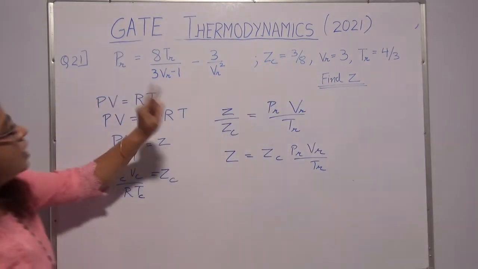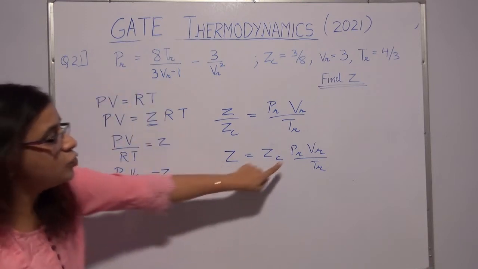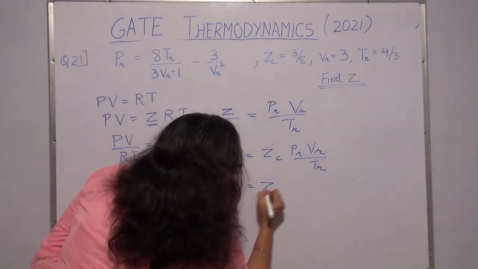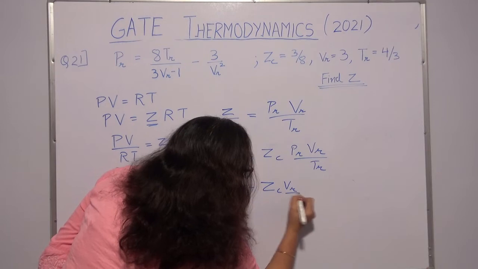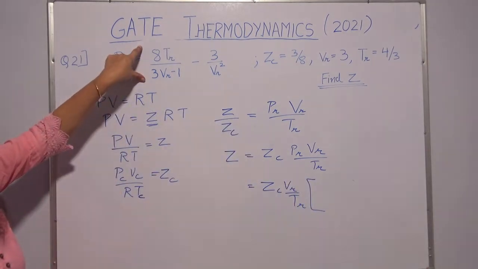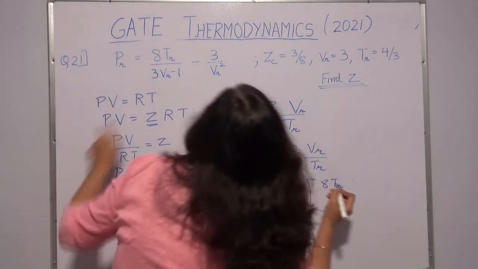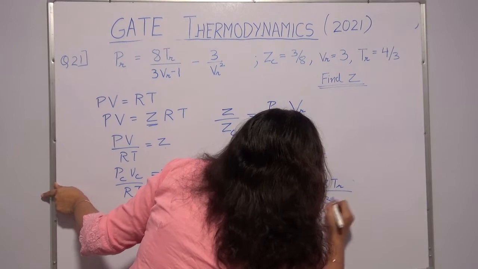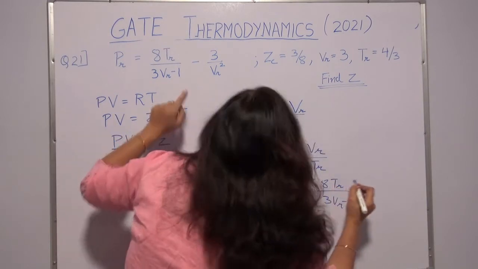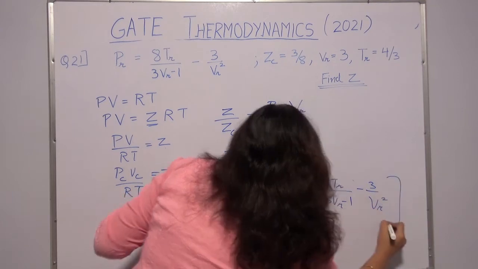Z_C is given. Now P_R is given in terms of T_R and V_R, so I am going to replace it here. I keep Z_C V_R by T_R, and I replace P_R with this van der Waals equation which is given here: 8 T_R upon 3 V_R minus 1, minus 3 upon V_R squared.